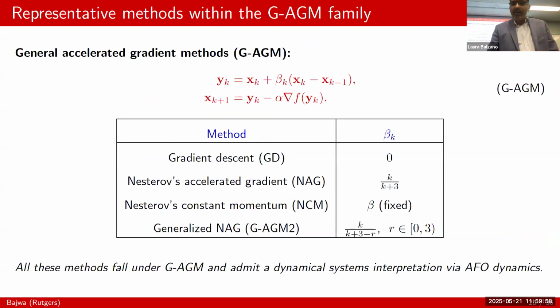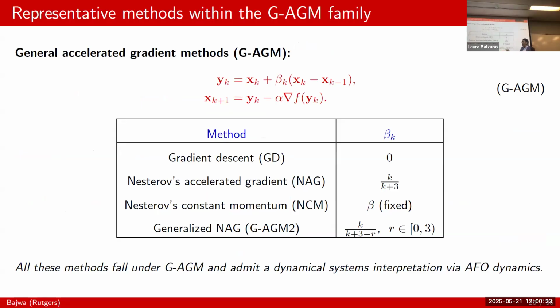This approach, of course, is very general. If beta k is 0, I go back to gradient descent. If beta k is taken to be k over k plus 3, we get Nesterov's accelerated gradient method, which gives you the best rate of 1 over k squared, for example, for convex functions. If I pick beta k to be a constant, then I get constant momentum.